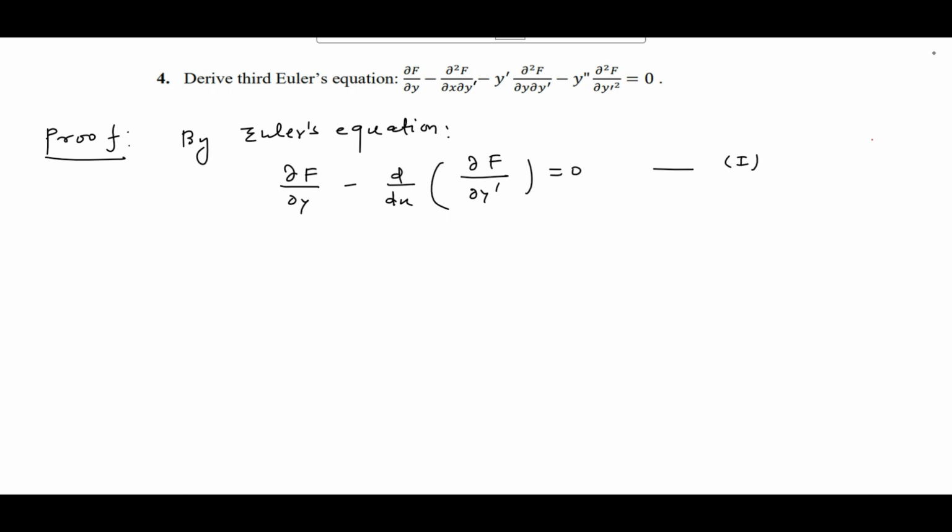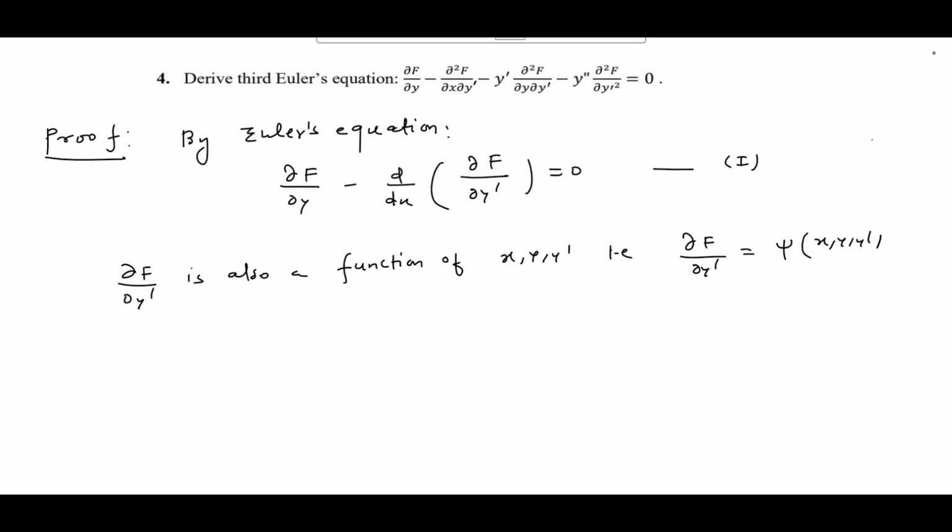Now del f over del y dash is also a function of x comma y dash. So we can say that del f over del y dash is equal to psi of x comma y dash. We can give another name: del f over del y dash is equal to phi of x comma y dash.